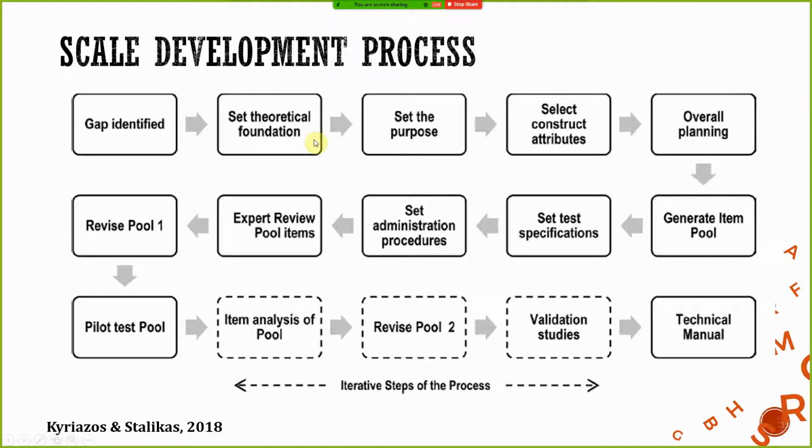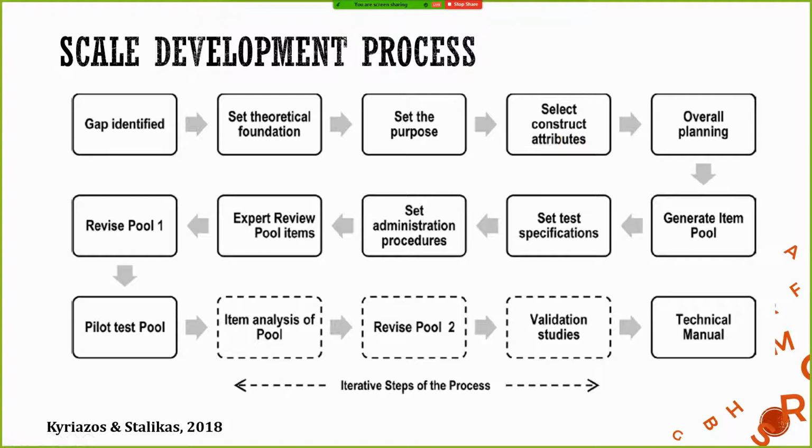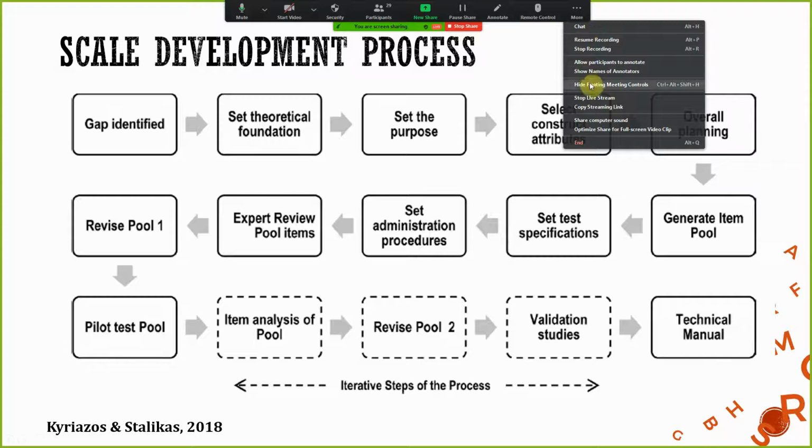Then theoretical foundation: the concept, how it belongs to the theory, how it's defined, its roots in the theory and everything. The purpose, more or less, these things are already discussed. So you go on, then select the attributes. Sometimes, rather than going for a general scale for a particular concept, you identify attributes that you want to focus on. What do I mean by attributes?